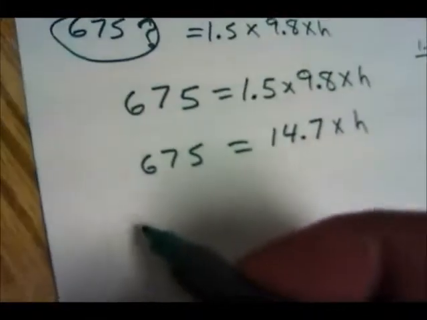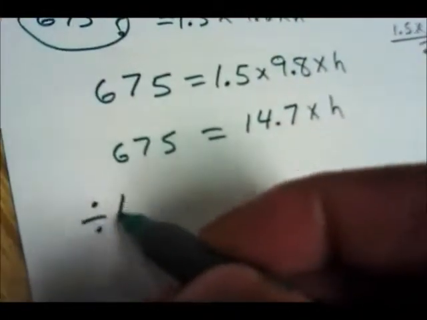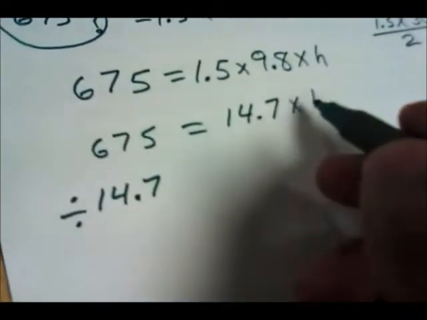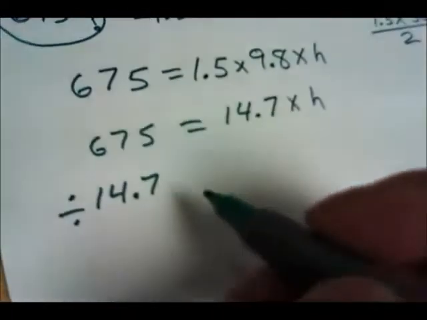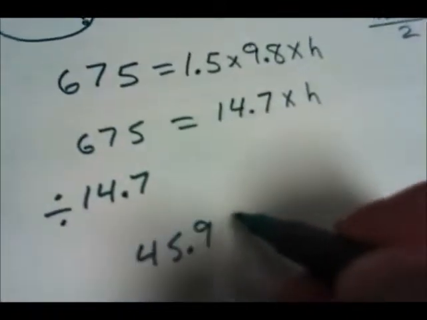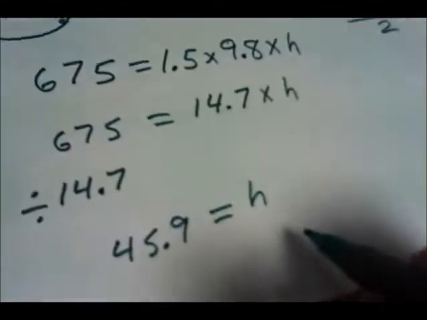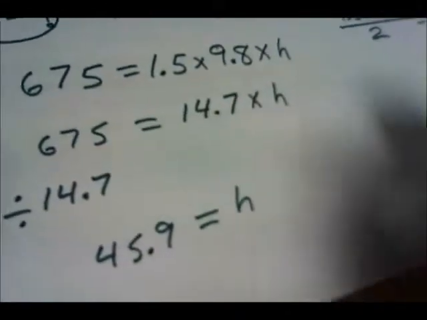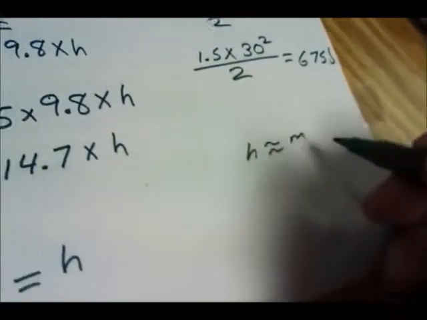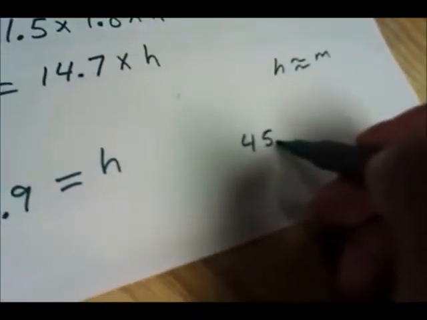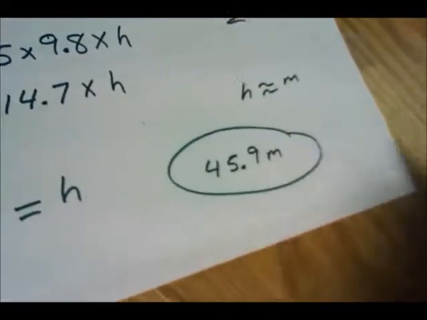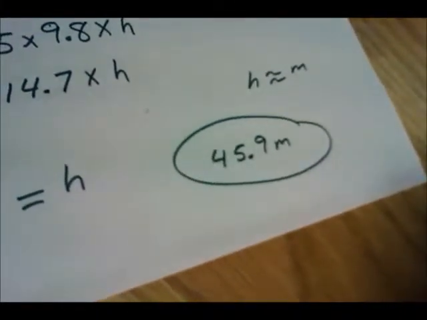To solve the equation, we divide both sides by 14.7. When we do that, we get 45.9 on this side and h by itself on the other side. H is the height in meters, 45.9 meters. And this is the answer to problem number 4.